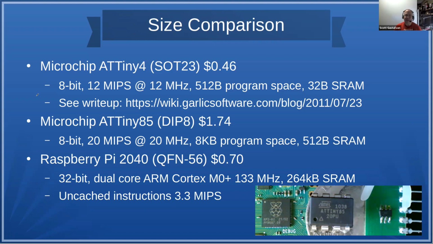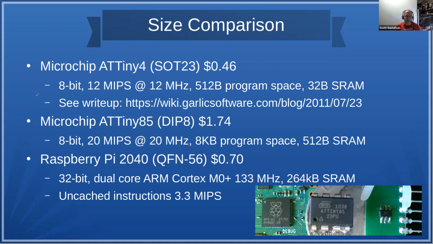But again, you're limited to 8 bits and your program space is 512 bytes. That is super tiny. And you have 32 bytes of RAM, which is also very tiny. I did a project with that, and I'm going to show a picture of it in a second. There's a write-up on my blog if you're interested in reading about how the firmware was written.